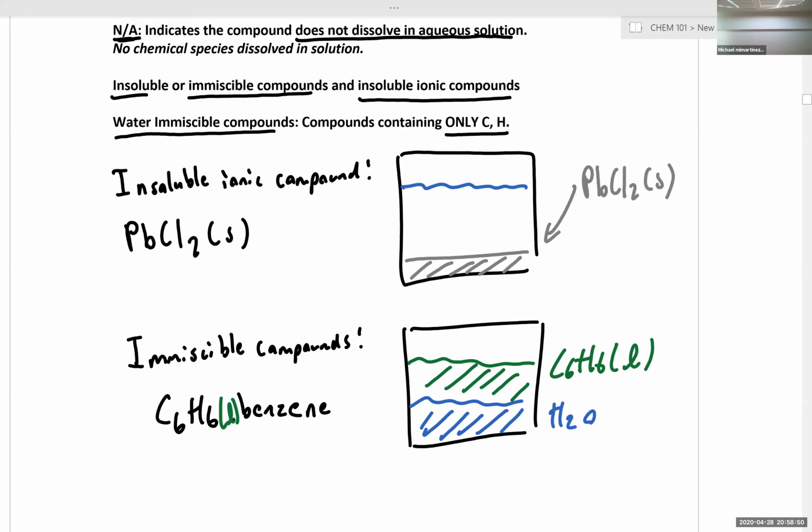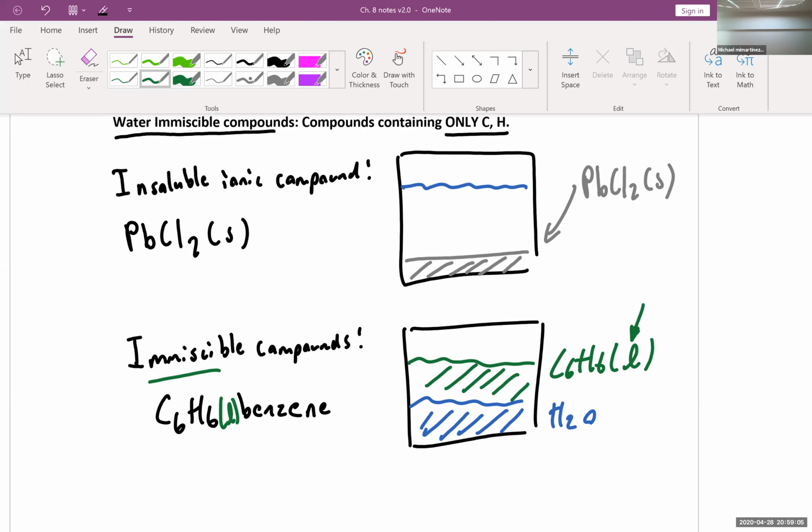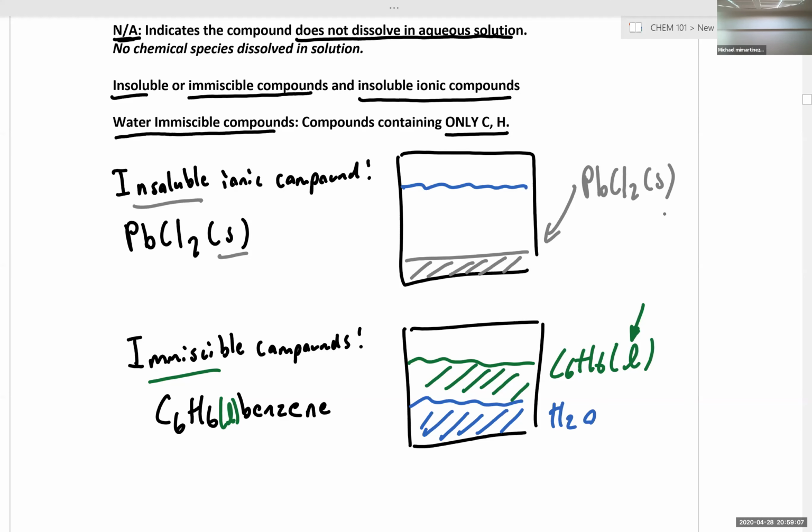They do not dissociate to yield ions, and they are not dissolved in solution. So immiscible, not mixable liquids. That's why we give the liquid symbol for immiscible compounds and the solid symbol for insoluble. Does that make sense to everyone?